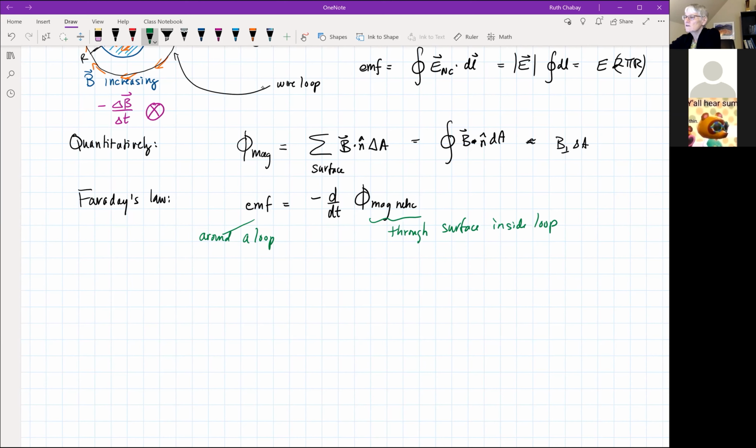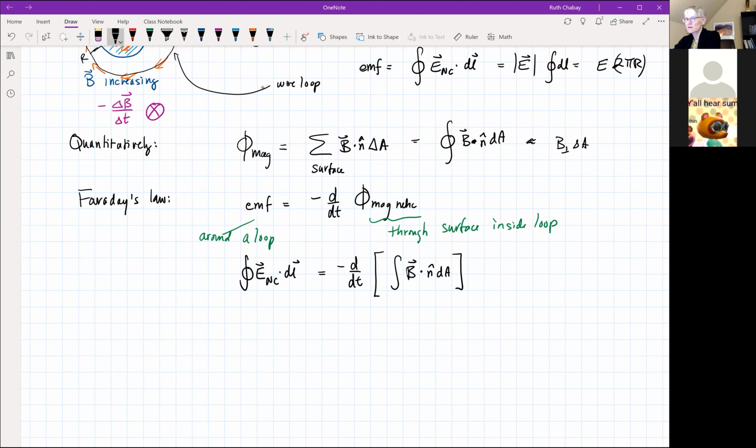And to be more general, we can write this as the integral of the non-Coulomb electric field times dl around a loop. And this is equal to minus d dt of the integral of B dot n hat dA over a bounded surface.